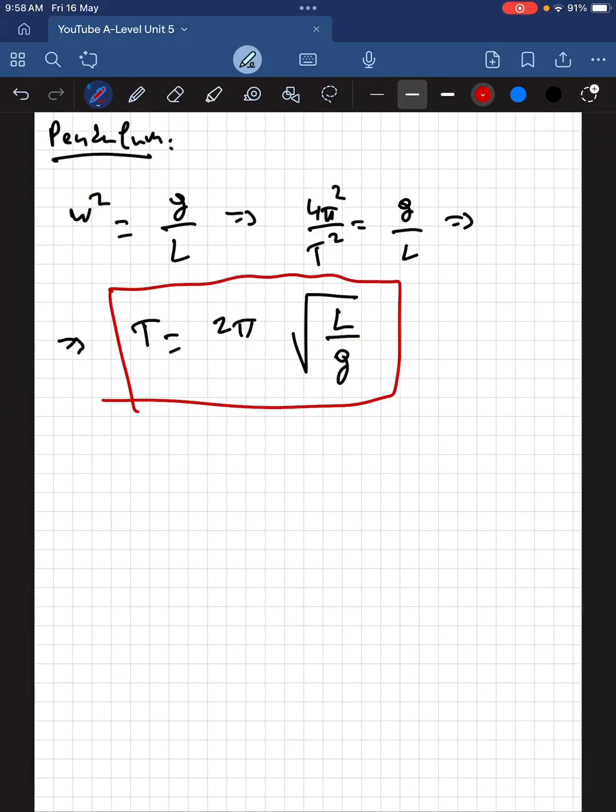Now, the next thing I want to talk about is the math of simple harmonic motion. So let's start a clean page. All right, so math.